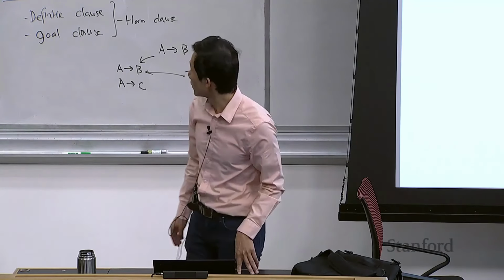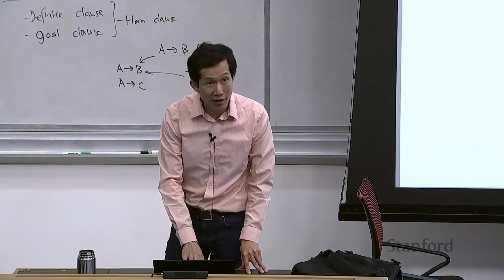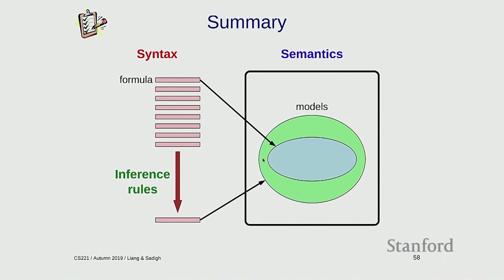To wrap up, today we talked about logic. Logic has three pieces. We introduced the syntax: for propositional logic, you have propositional symbols, which you string together into formulas. Over in syntax land, these are given meaning by semantics. We introduced the idea of a model, which is a particular configuration of the world that you can be in.